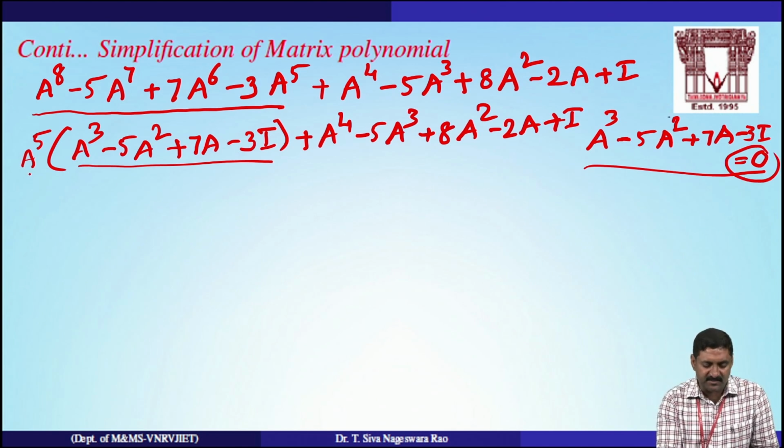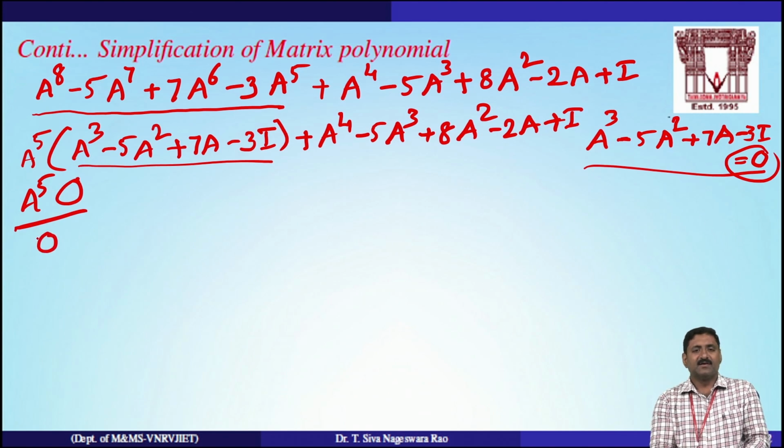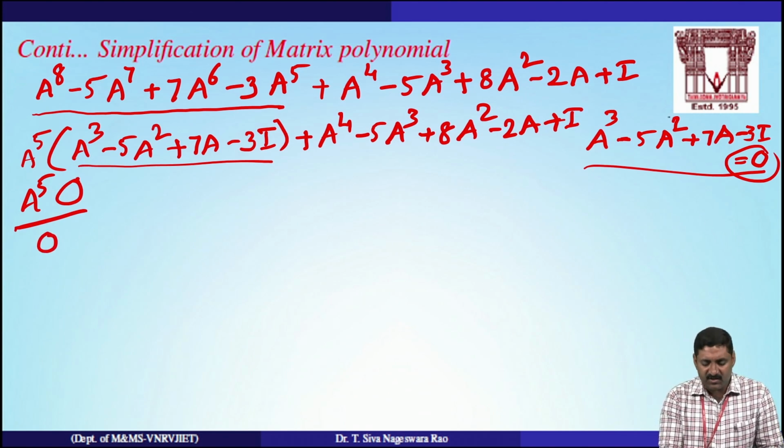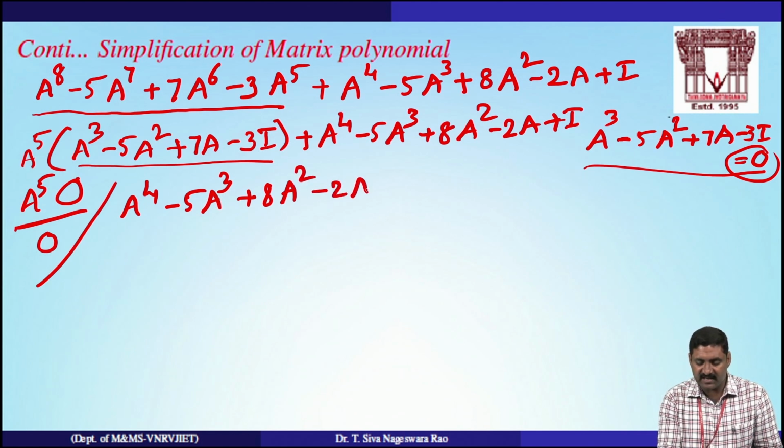Now 0 matrix multiplied by A power 5 becomes 0. Now the remaining polynomial is A power 4 minus 5A cube plus 8A square minus 2A plus I.